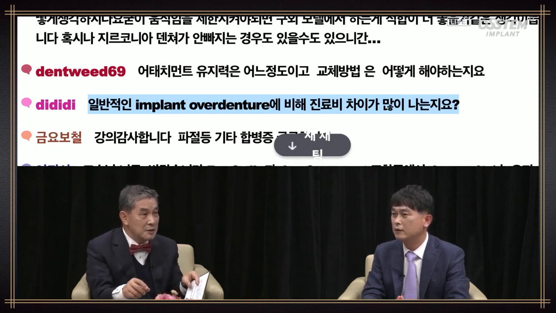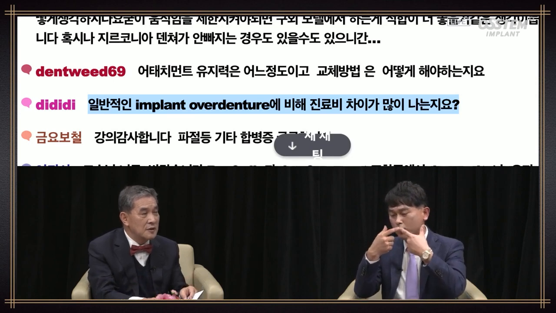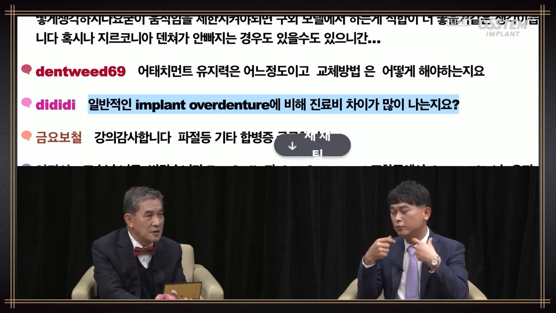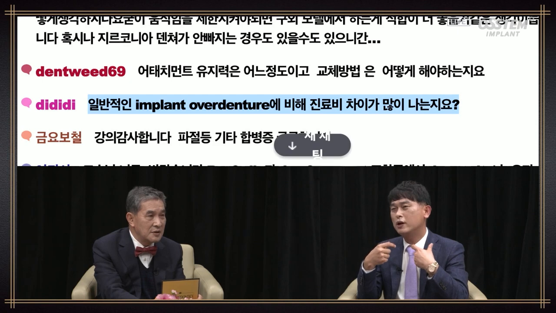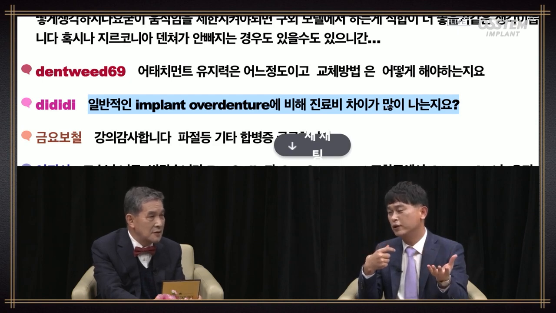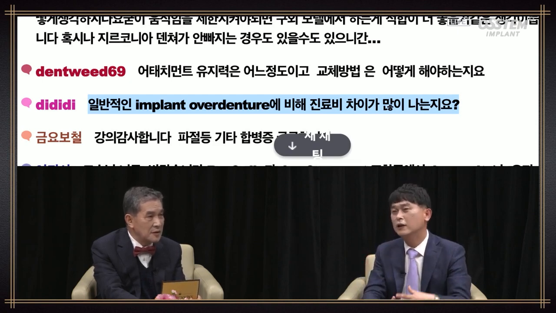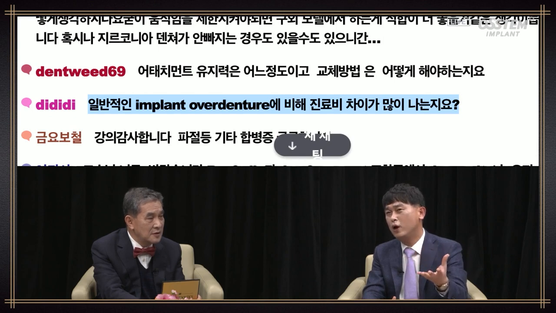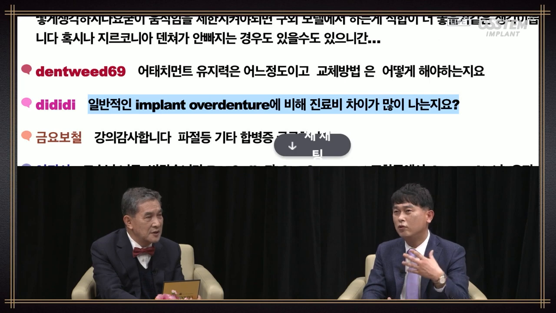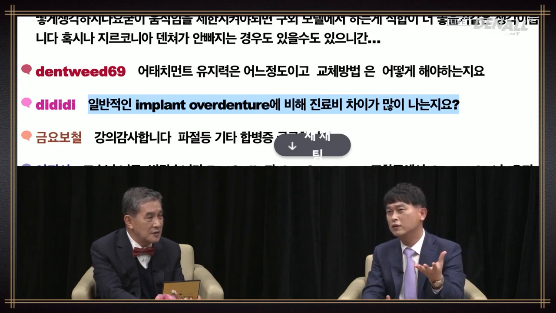I asked the lab that I'm having business and it said it's 1 to 1.2 million. But as I understand it, the Magic 4 from Osstem is about 1.5 million won, an additional 200,000 won for the attachment, but I'm not sure.